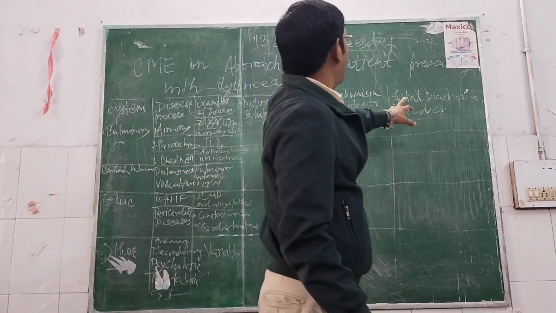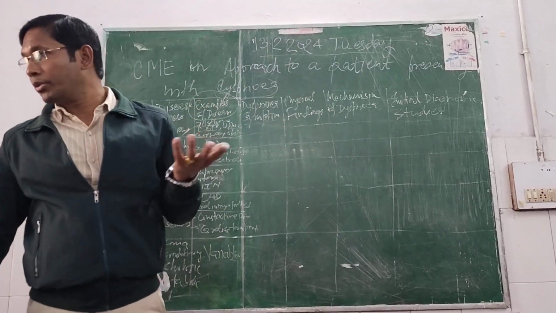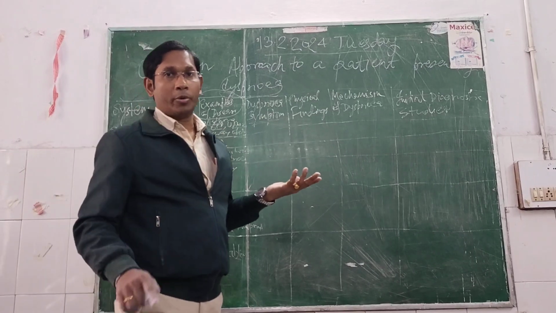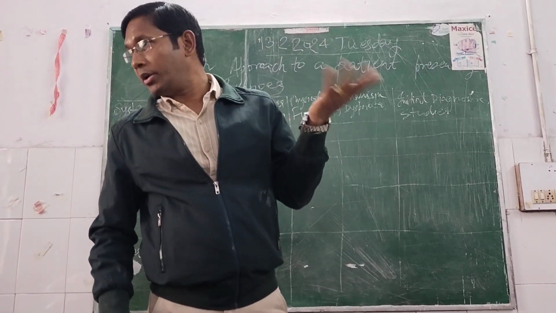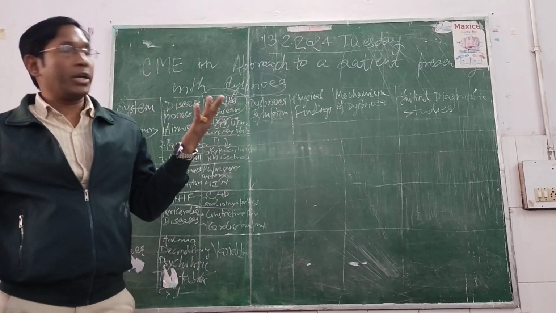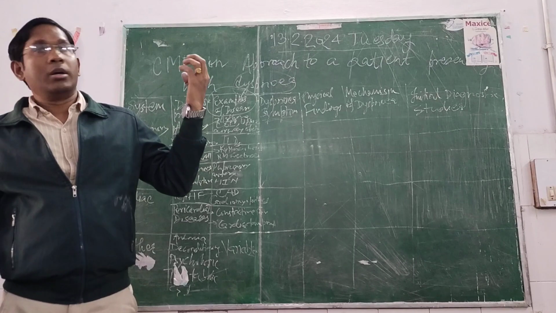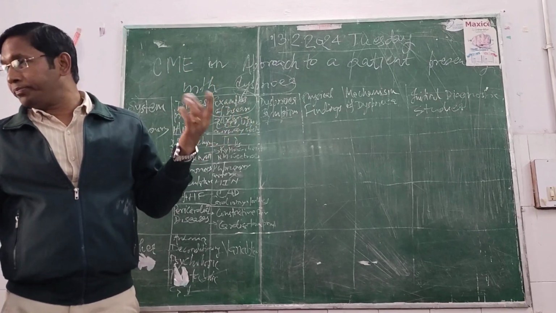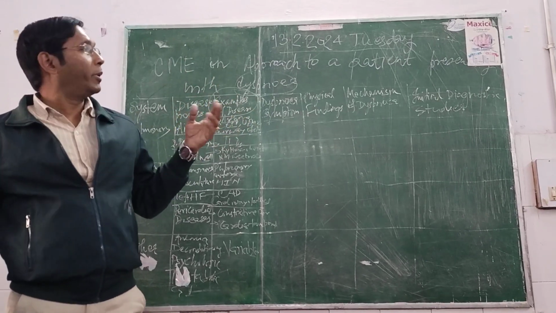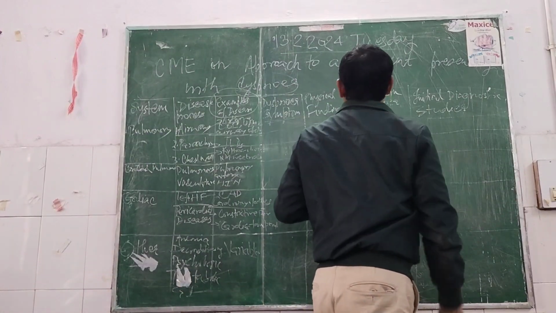So this will be the initial diagnostic study. Peak flow will be reduced. Spirometry will show an obstructive ventilatory defect. And in your chest X-ray, there can be hyperinflation and decrease in lung volume in case of COPD. So these are the initial diagnostic studies.